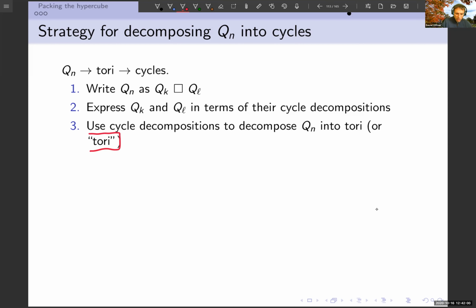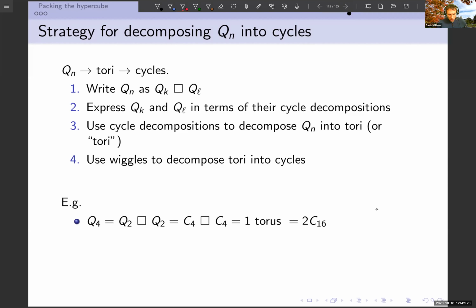So sometimes I'll have to decompose them into quote-unquote tori, which are torus-like objects, but unfortunately not honest-to-goodness toruses. That's where things get technical. But once I've decomposed Qn into tori, then we'll use the wiggles to decompose the tori into cycles.